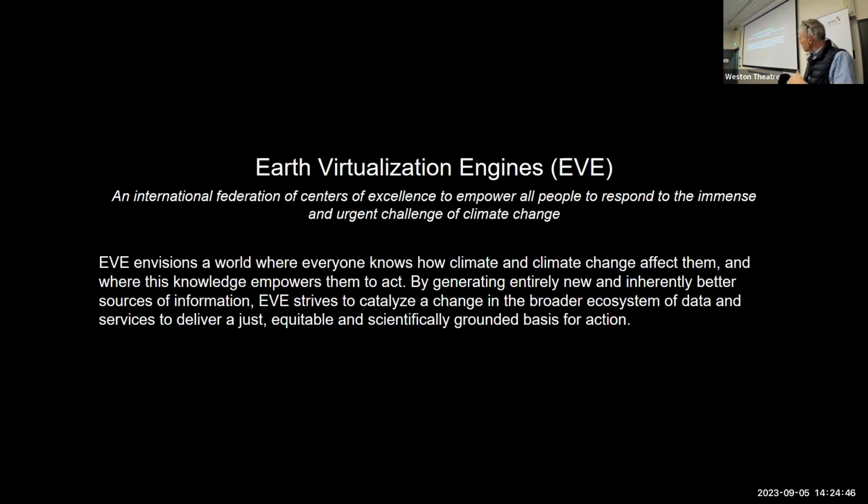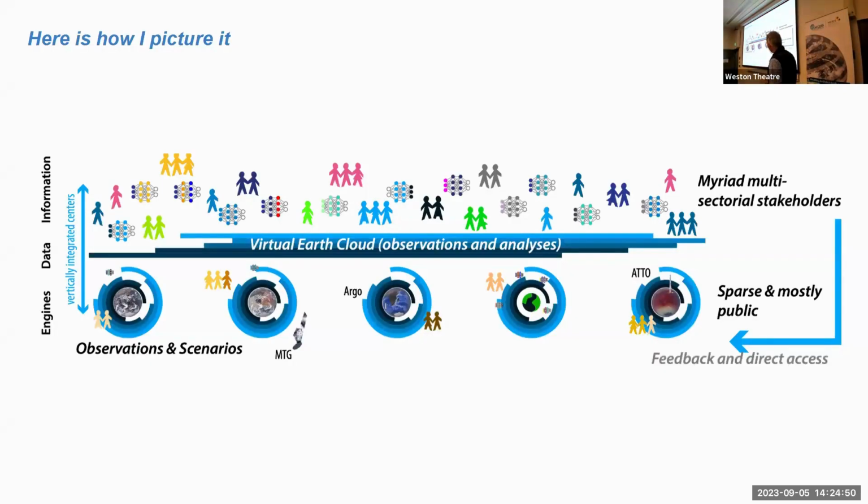So then Eve is meant to be an international federation of centers. I better show you a picture because we don't have much time left. The vision of Eve is actually, there's two parts to it. One is centers that do this modeling and data assimilation, bringing observations and models together, and they are organized across the world. There's probably going to be a small number around the world. That's the vision. Say 5, in this picture it's 5, built around certain modeling systems.